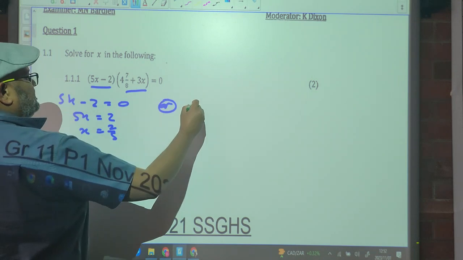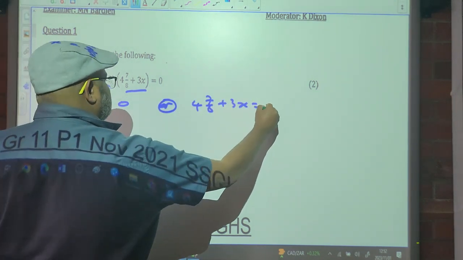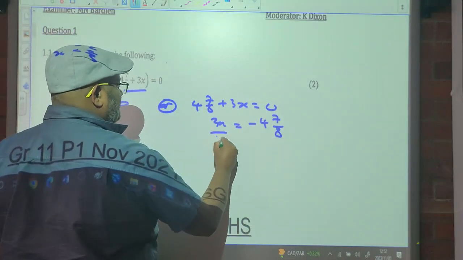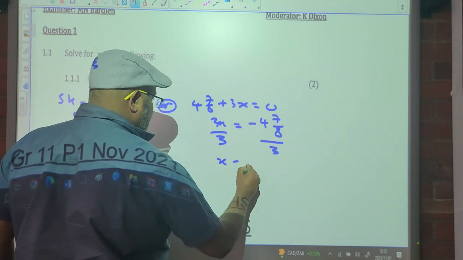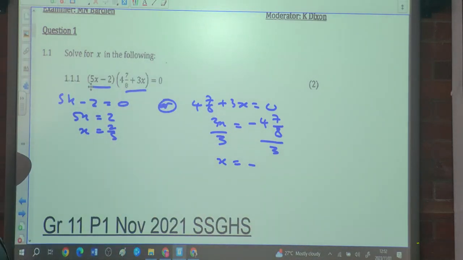Or we can say 4 and 7 over 8 plus 3x is equal to 0. So 3x is equal to negative 4 and 7 over 8. Divided by 3 both sides. So x is equal to negative... Put the calculators.